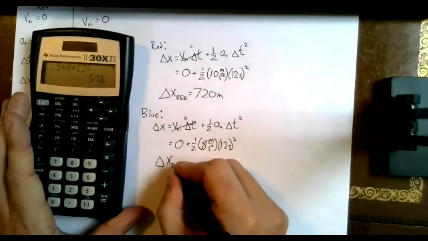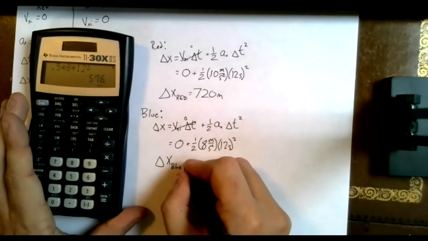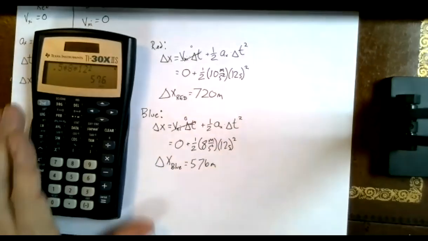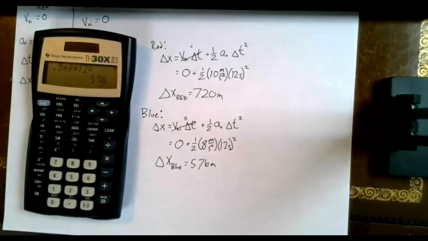So how far the blue car goes is 576 meters. So we're almost at our answer, right? We figured out how far each of those cars went. What's the last thing I need to do? If I go back, remember the question, take one more look at the question.